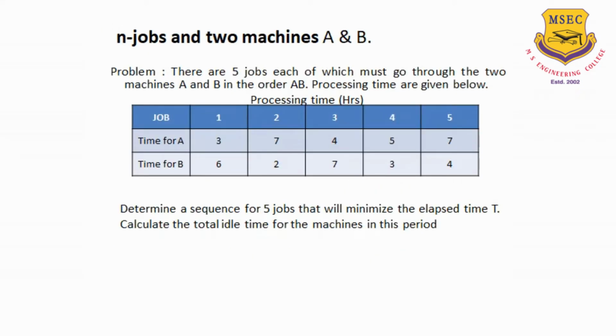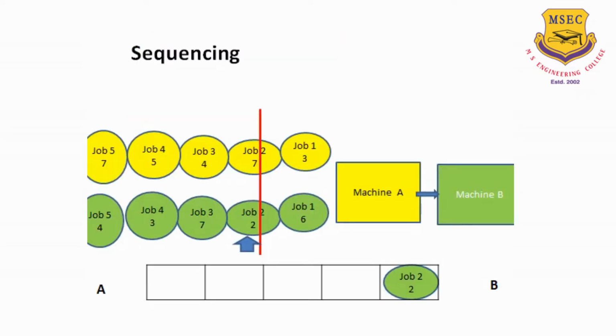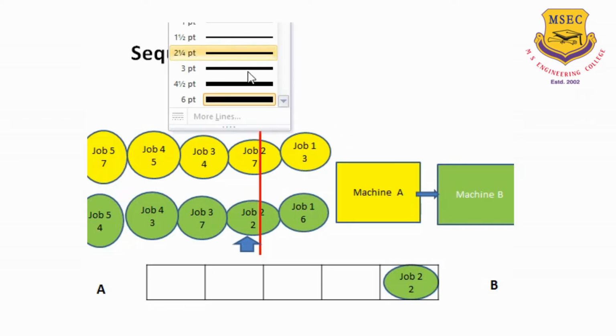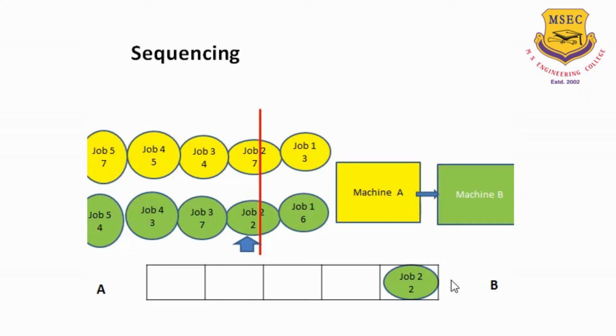Now let's take a simple problem with n jobs and 2 machines. We have 5 jobs and 2 machines, and the processing times in hours are given as below. Looking at the jobs and the machines, we form a box to write down the sequence of the jobs, and try to fix the jobs here.